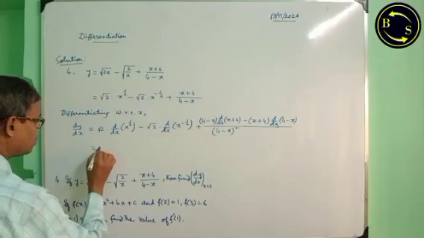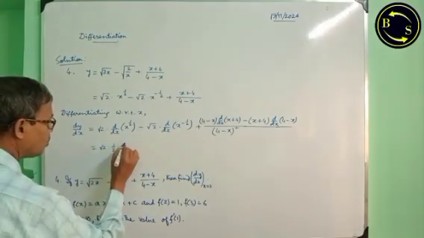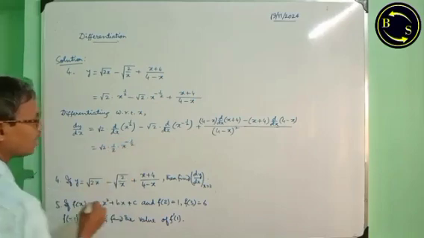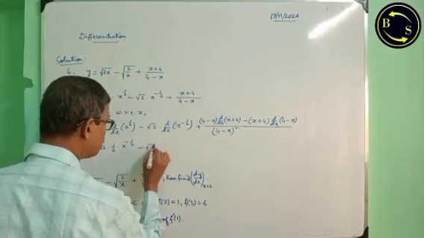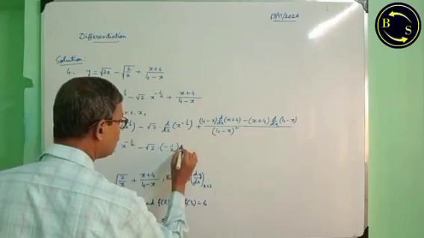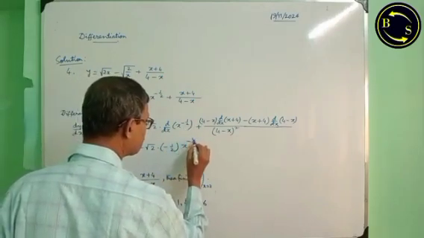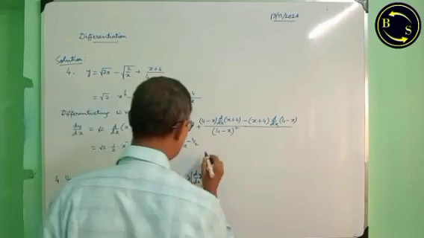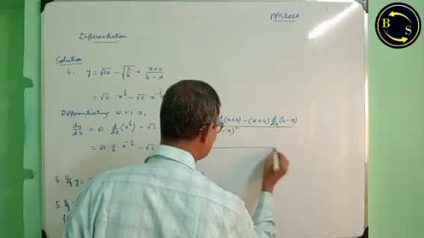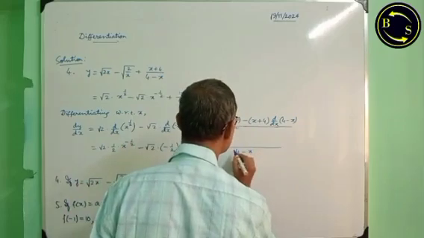Now this becomes root 2 into half into x to the power minus half, minus root 2 into minus half x to the power minus half, which means minus 3 by 2, plus this one, 4 minus x whole square.